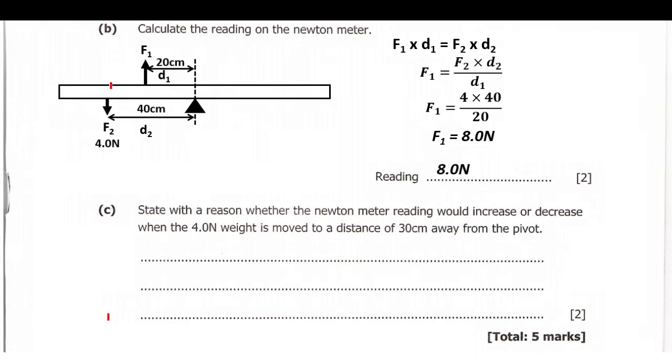So since the moment which takes it downward will decrease, for it to remain balanced, even the moment which takes it the other way should decrease to keep it in the balanced state. Otherwise, if this force here is moved this way, it will decrease the moment which takes it downward, and it may cause this thing to rotate in the clockwise direction. But to keep it maintained at equilibrium, this force also should decrease.